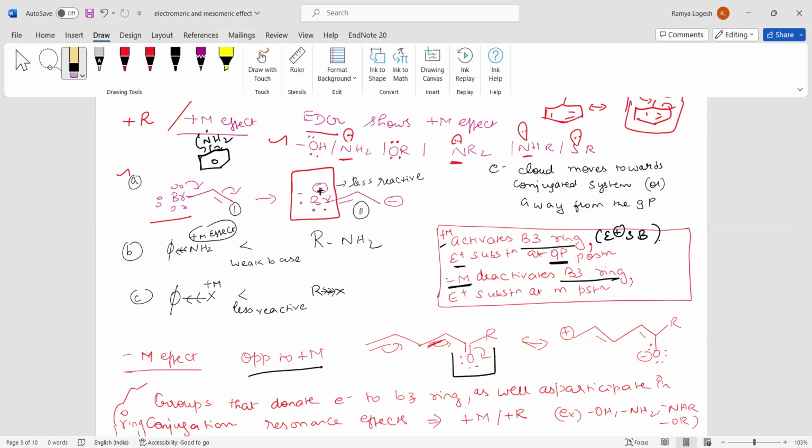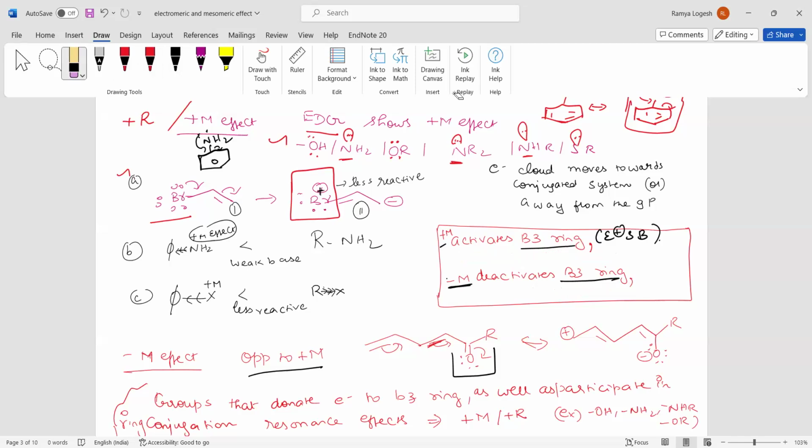What is an electrophile? An electrophile is the one which is in need of electrons. So if this group which is present on the benzene is pulling the electrons from benzene, then how will the electrophile get attracted to the benzene? Benzene does not have pi electron density there. So therefore, minus M effect will deactivate the benzene ring. Okay. So if an electrophile is going to come over here, I will take up this point when we are discussing some other things. So right now, you just write this.